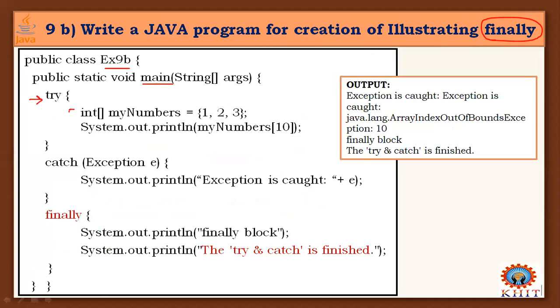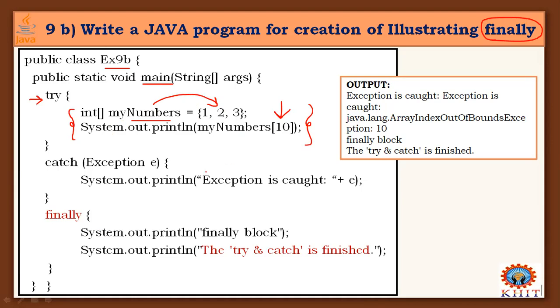Here we are not throwing any exception, but this code generates an exception. The array has size 3, elements 1 to 3, but we are trying to access index 10. It is an ArrayIndexOutOfBoundsException.